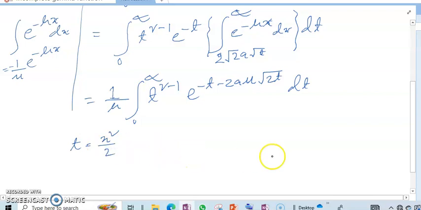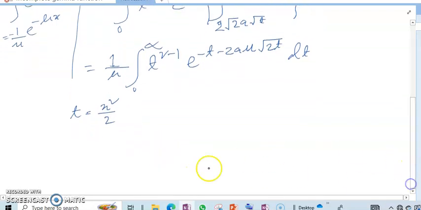Divided by x square by 2, so 1 by mu, I can write it as 2 to the power minus gamma minus 1.